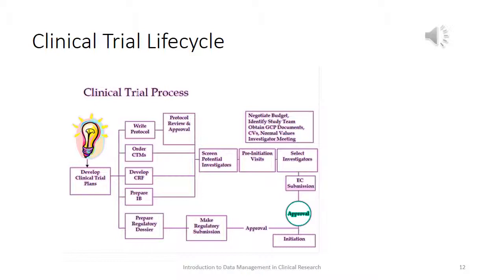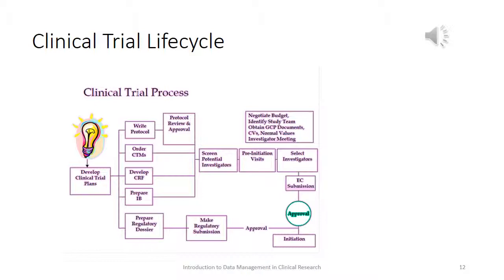This graphic explains the clinical trial life cycle in a little varied attempt. We start over on the left-hand side with our light bulb going off. So we feel like we've got a compound that shows some promise. In the laboratory, we've done our animal testing, our preclinical testing. We feel like it has a lot of merit.